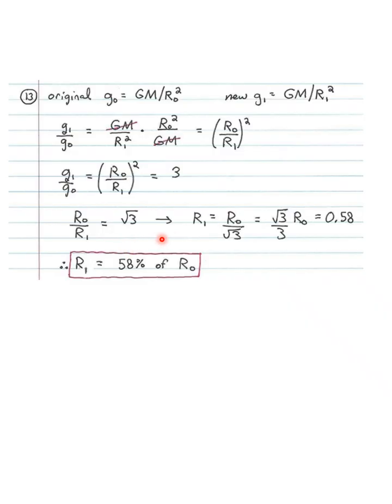As you work your way through it, you get r1 is r0 over the square root of 3, which you can do in the calculator, or let's put it in terms of a proper fraction with no radical on the bottom: square root of 3 over 3 times r0. Now, let's get that as a decimal. That's about 58%, so 0.58 times r0. To answer the question, which asks what fraction of the current radius it would have to be, we can say r1 is 58% of r0.